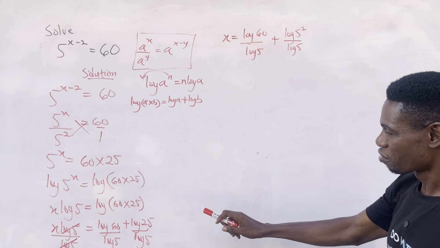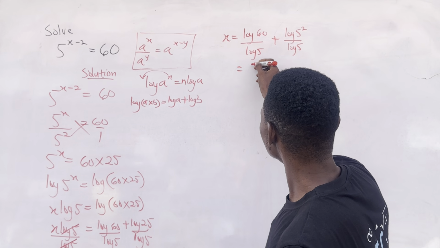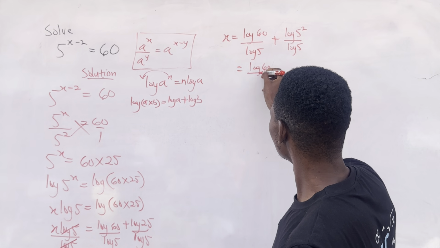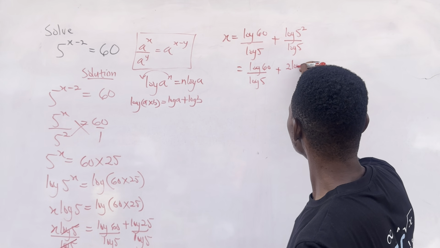So 5 squared is 25, which is this 25. Okay, so this can be written as log 60 over log 5 plus 2 log 5.